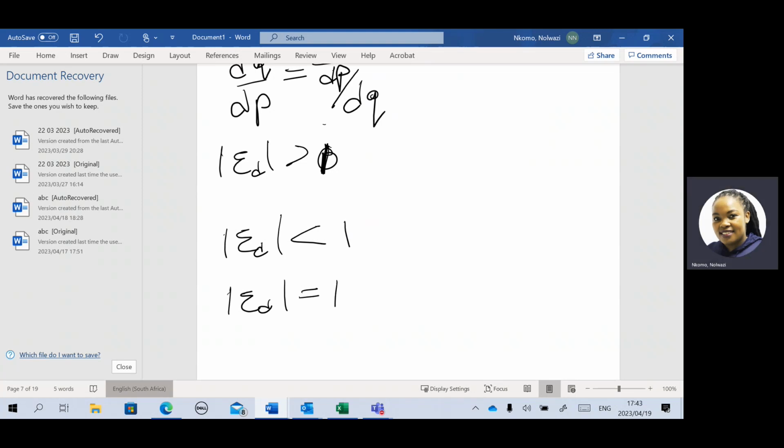Okay, here when the absolute value of the elasticity is greater than 1, at a given price, then that means the demand is elastic.